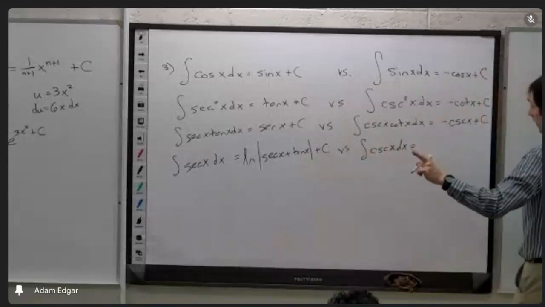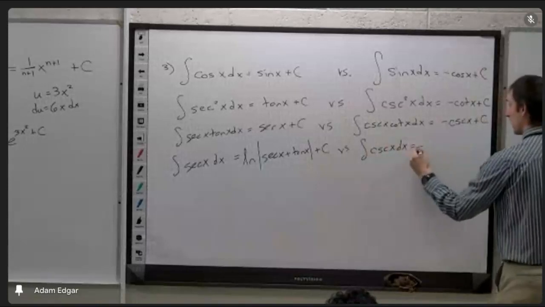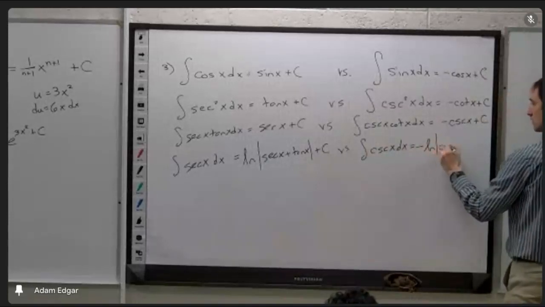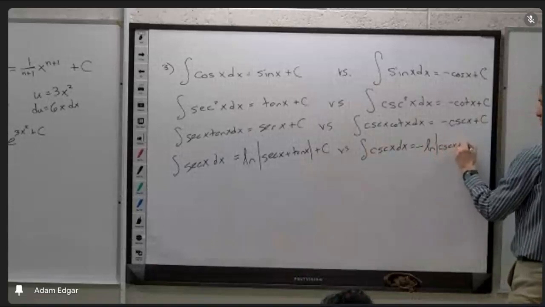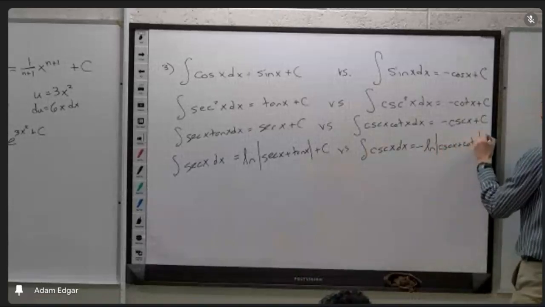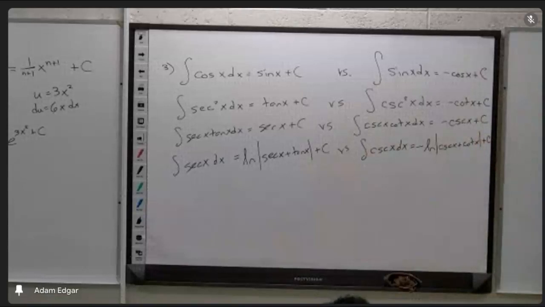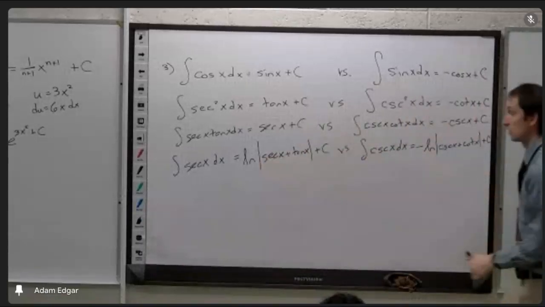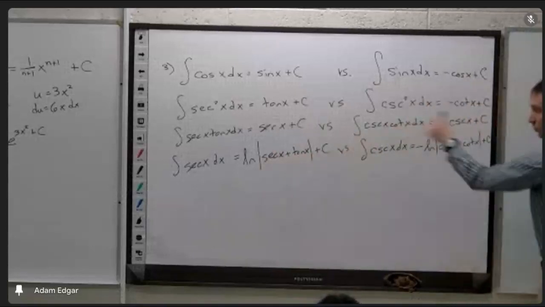Negative ln of cosecant x plus cotangent x plus c. Same thing, but negative, and using the co-functions of what you had over there.